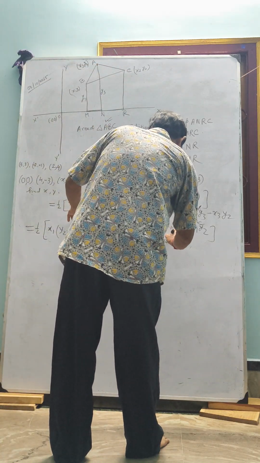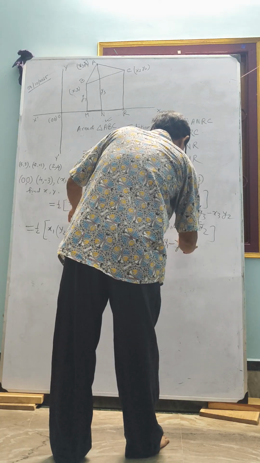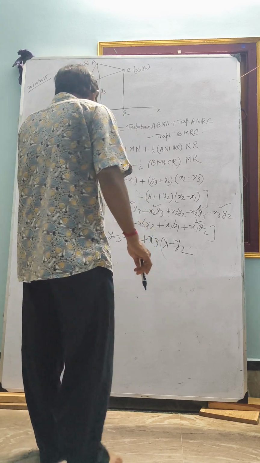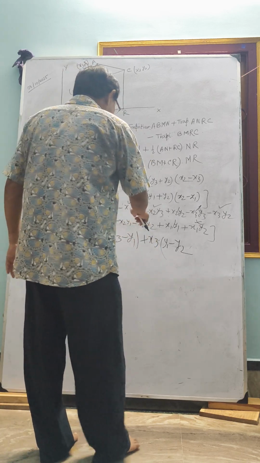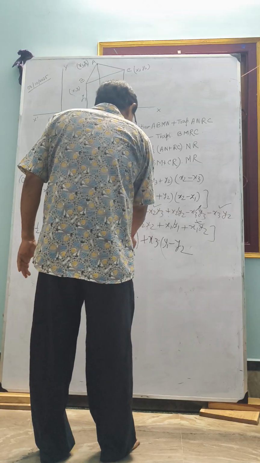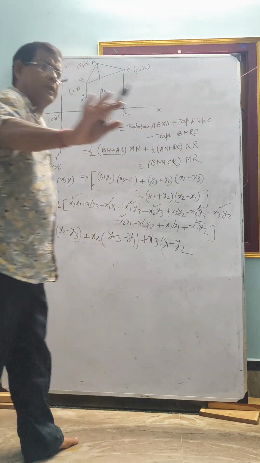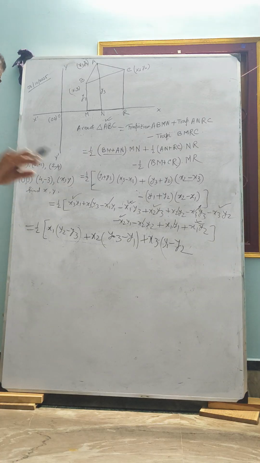Where is x2 y3 minus x2 y1? Here is x2 y1. All complete. No talk please.